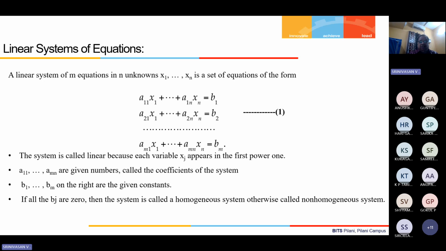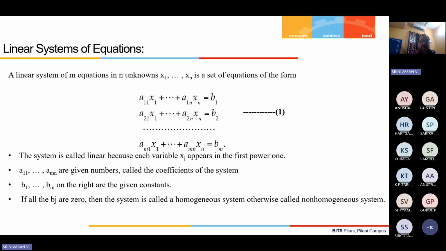If all the bj are zero, the right hand side constants, then the system is called a homogeneous system, otherwise called non-homogeneous. If in a system of equations, say there are m equations or n equations, whatever it is, all the constants on the right hand side are zeros, then the system is called a homogeneous system of equations, otherwise non-homogeneous. In practical problems, we can encounter homogeneous systems of equations having zeros on the right hand side, and non-homogeneous ones also, which we will be considering mostly.